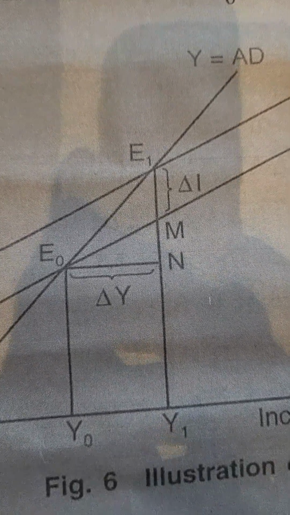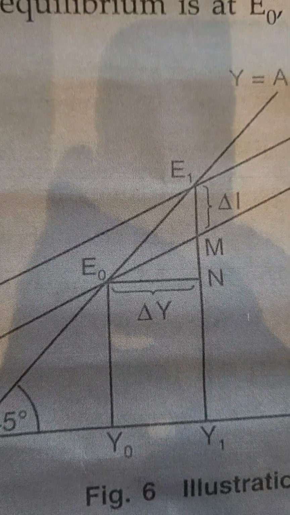So delta I plus that distance MN is equal to delta Y. Thus, if we consider the fraction delta Y by delta I, the numerator delta Y is E0N, divided by the denominator delta I, which is E1M plus MN, that means delta I plus MN.